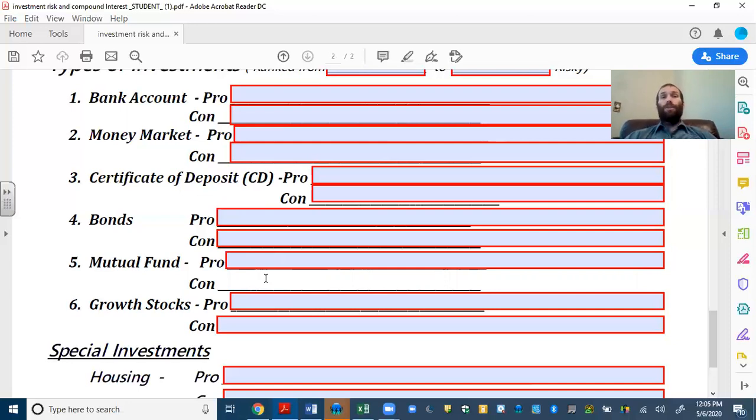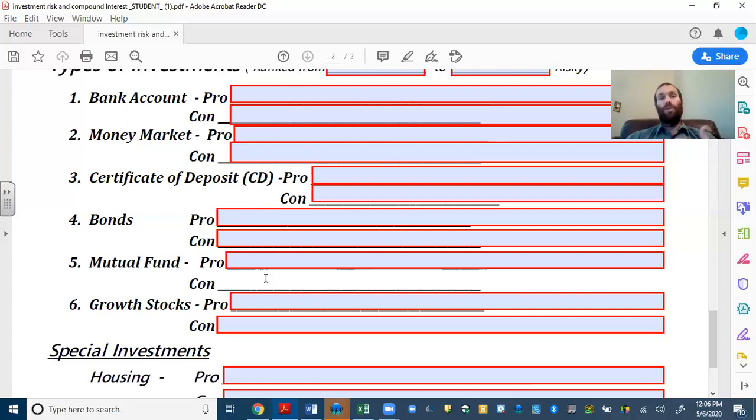On the other hand, mutual funds liquidity is a bit of a con. The reason is you could sell your mutual fund today in the markets and get your money. But if you tried to sell a mutual fund right now during a downtime, you're not going to get all your money back. So you have to wait as the market fluctuates from day to day and try to time it where your mutual fund is at a higher value.